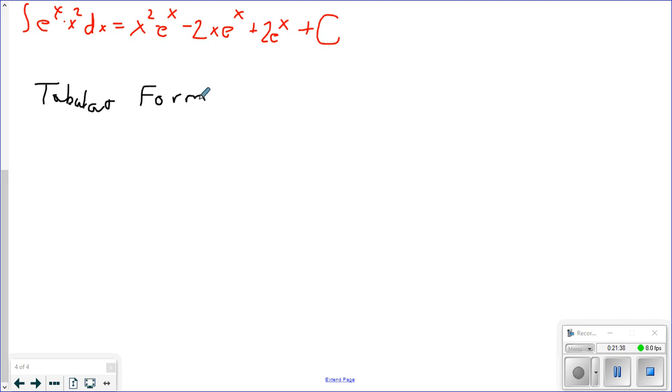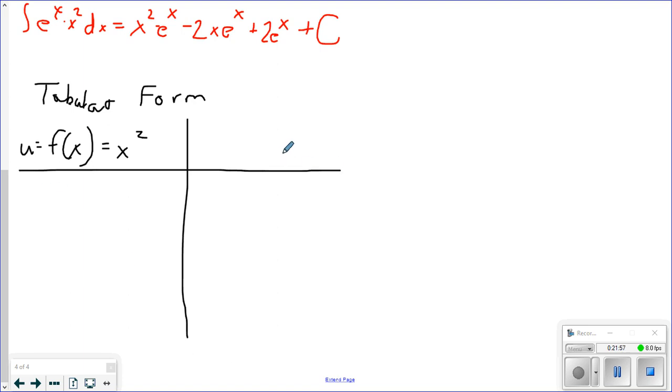So the tabular form. What we'll do here is we're going to choose f of x for u, right? We'll say u equals f of x, and that's x squared in this case. And then we'll say g of x equals e to the x.